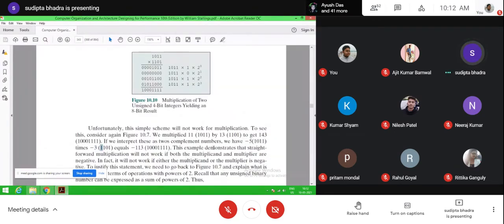But in case of 2's complement numbers, this is not applicable, yet the shifted multiplicand concept is important: each and every partial product is nothing but the shifted multiplicand. How many bits are shifted depends upon the position of that particular one.